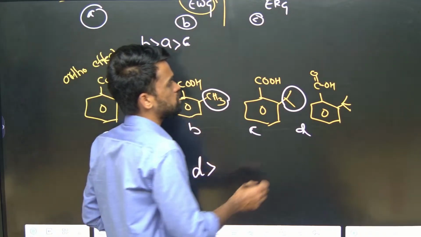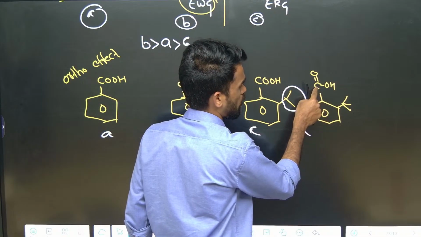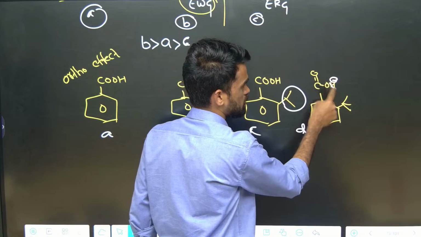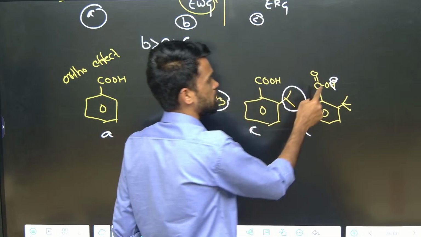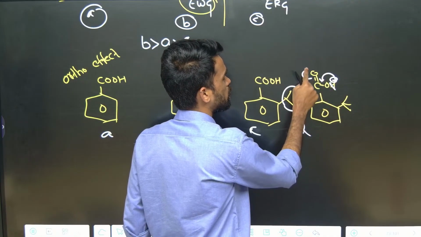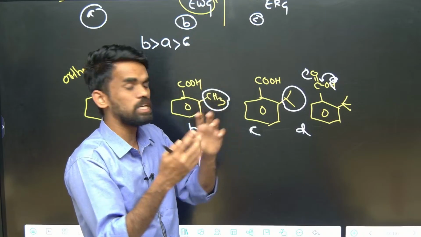Why does it increase? Actually there is something called cross conjugation between this carbon and the conjugate base formed, like O minus after releasing H plus. Generally, if the conjugation is between the same atoms, oxygen and oxygen, then you should call it an equivalent conjugation.